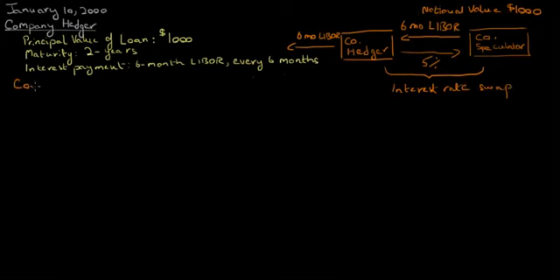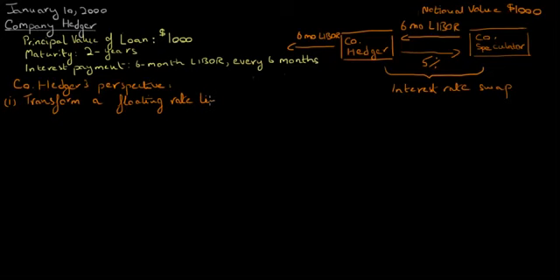So from company hedger's perspective, the interest rate swap has had two effects. First, company hedger has been successfully able to transform a floating rate liability into a fixed rate one.